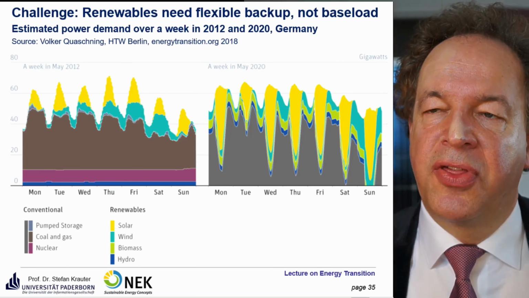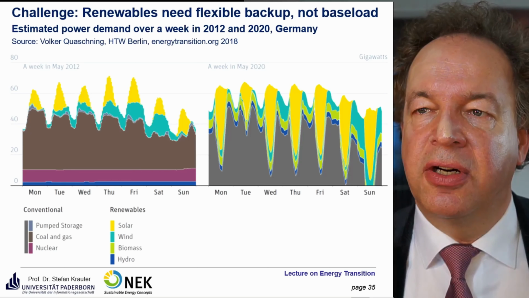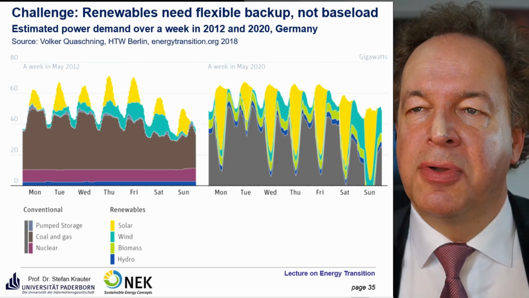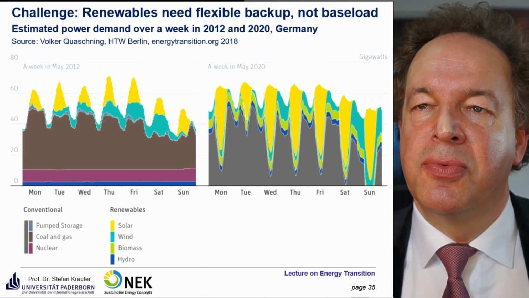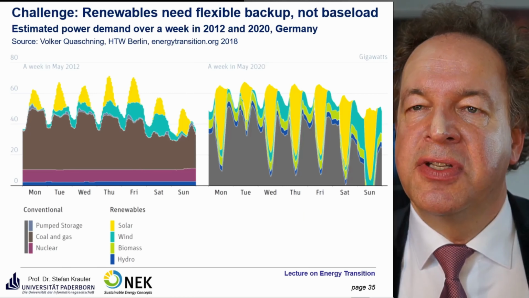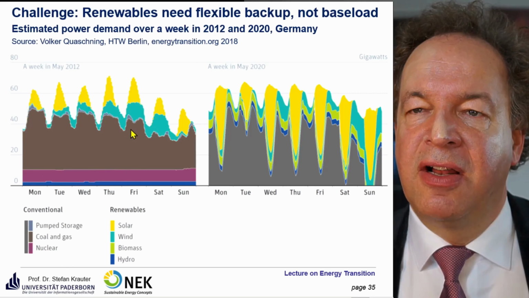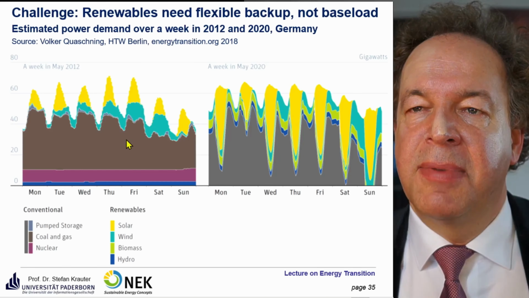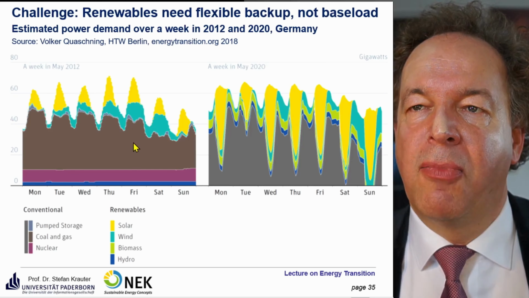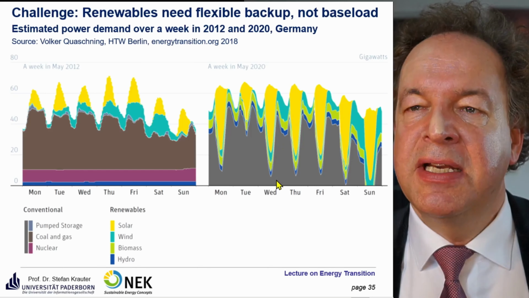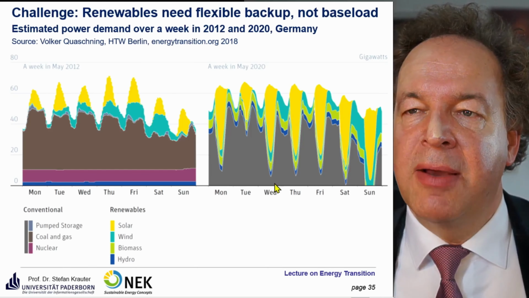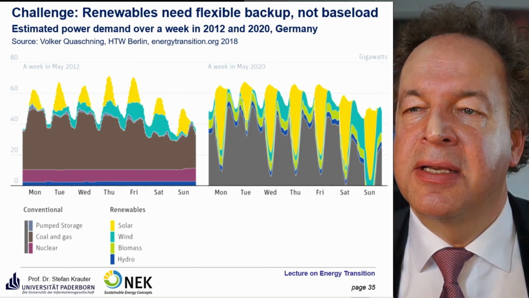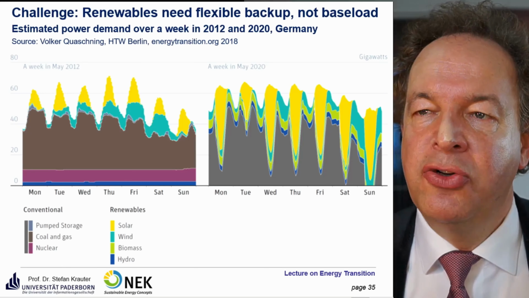We have also to think about the structure of the power plants, not only in terms of carbon dioxide, but also in terms of flexibility. As you see here, that was in 2012, there were some renewables, but the fluctuation inside the baseload power plants was quite small. If you go to 2020, we have periods of time when almost the entire electricity demand can be fulfilled via renewables.